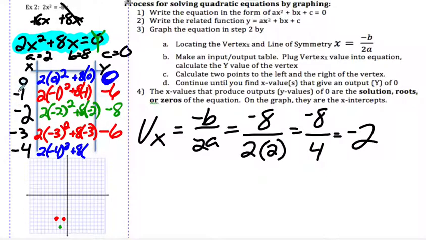Up here I'm 2 steps to the left of the vertex, and down here I'm 2 steps to the right of the vertex, and I get 0. When I'm 2 steps to the left of the vertex, or the line of symmetry, I should be at the same height. There we are, and that is true. So there are your 5 points that are centered around the vertex, including the vertex.